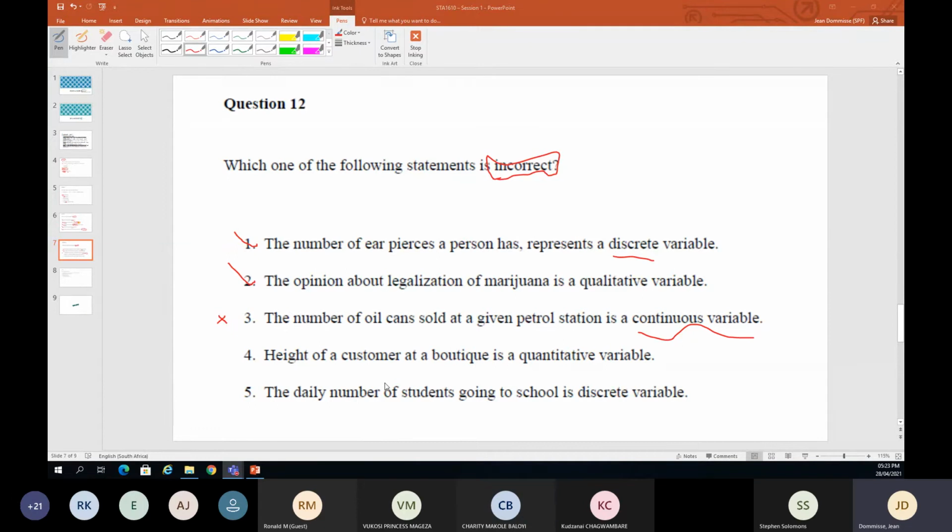Then height of a customer at a boutique is a quantitative variable. I would say that is correct. Can anybody tell me what quantitative variable it will be?